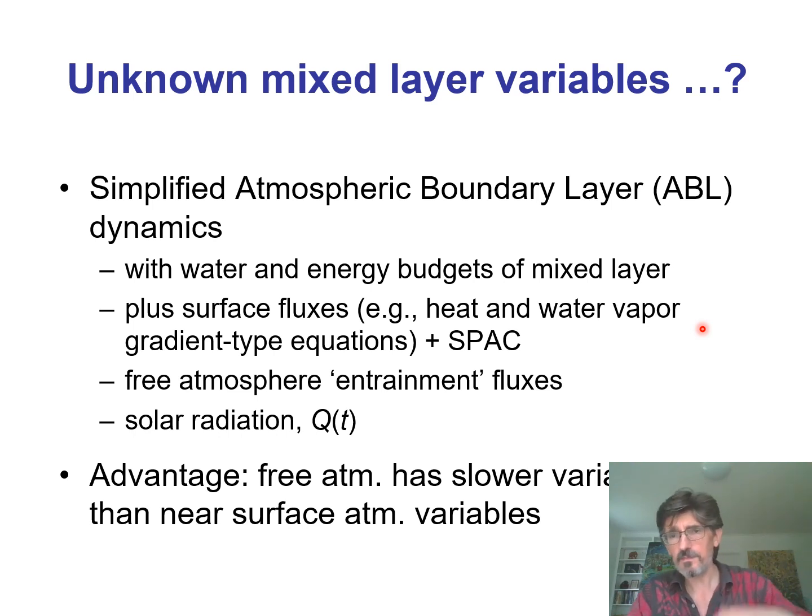So this boundary layer will be a slab, a mixed layer, and now the boundary condition will be above that, which is the free atmosphere. So the condition of the free atmosphere will be our new boundary condition, which is good because they vary more slowly compared to the ABL.